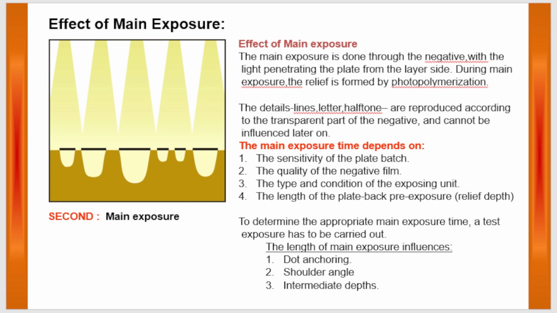The main exposure time depends on the sensitivity of the plate batch, the quality of the negative film, the type and condition of the exposing unit, and the length of the plate back pre-exposure, which is relief depth. To determine the appropriate main exposure time, a test exposure has to be carried out. The length of main exposure influences dot anchoring, shoulder angle, and intermediate depths.